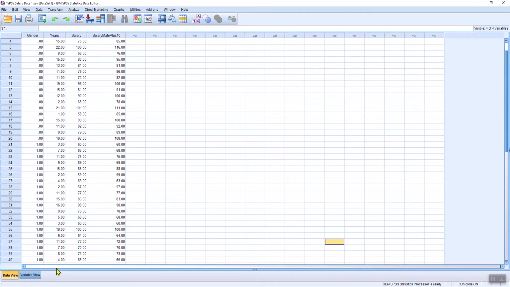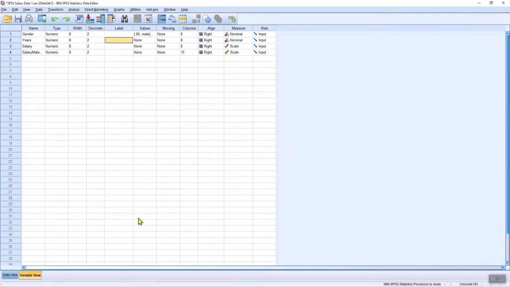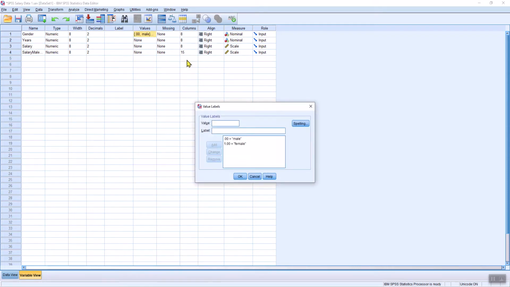You can toggle back and forth between variable view and data view to take a closer look at what's going on. And the only thing that has coding here is the value for gender. So we can take a look at that, and we see that the value for gender is indicated here for 0 equals male and 1 equals female.